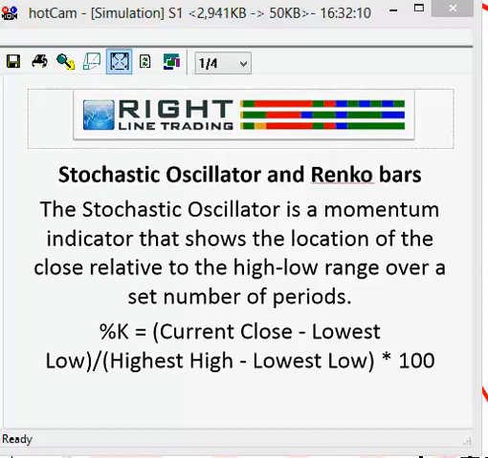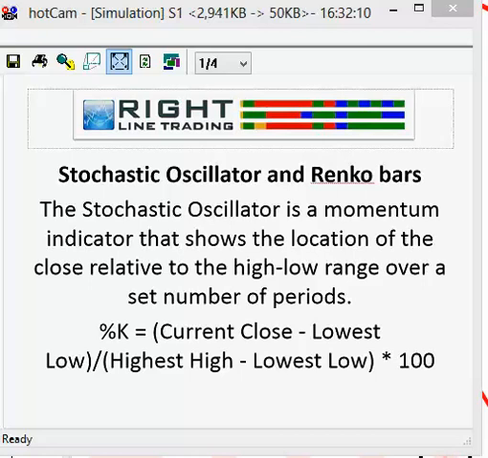If you understand the mathematics behind it, you understand why traditional Renko bars and oscillators don't work. Because a stochastic or any oscillator looks at the relationship between the high of the move to the close of the move, or the low of the move to the close of the move.